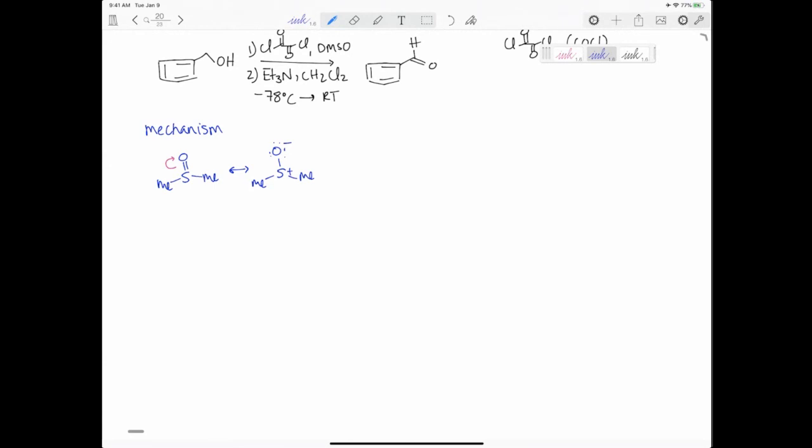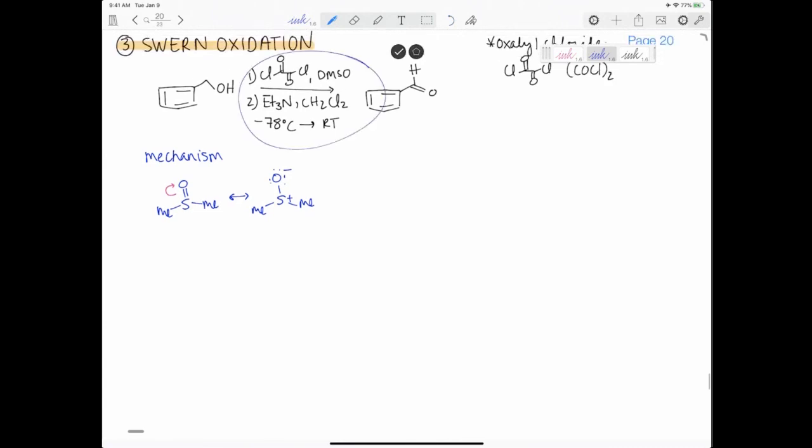Okay, and this is where we're going to start, this part here, the less stable contributor. What's going to happen? Well, the hint lies in the reagent set. You have to use oxalyl chloride first, right? So this is where you're going to come in.